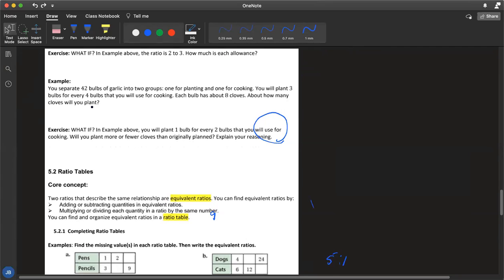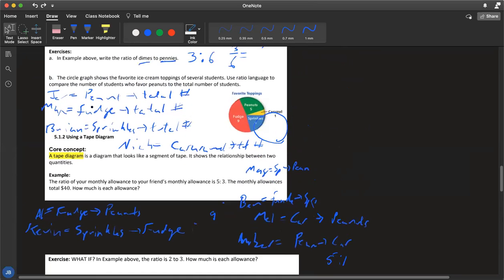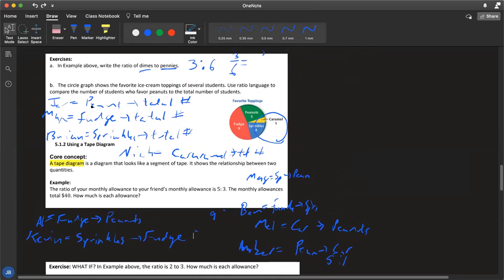Awesome. Okay, perfect. So now we'll look at an example where the ratio is 2 to 3. Oh, whoops, we didn't even finish these questions, huh? Using a tape diagram. Let me try to erase some of this stuff since we got another problem here.